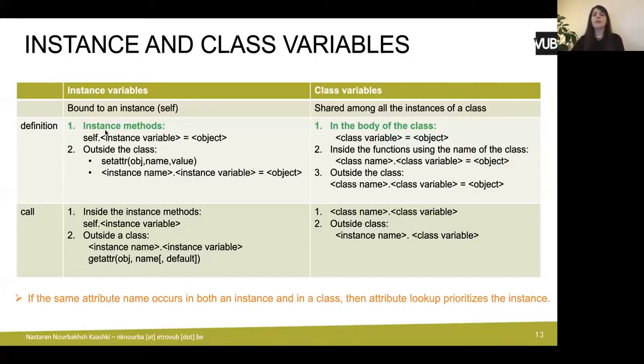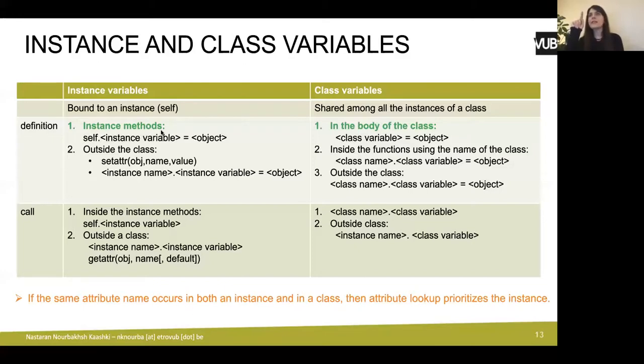So the first way to create an instance variable is to define them inside instance methods. An instance method, we will see more about that later, is a method inside a class whose first argument is a reference to the instance of the class calling that method.